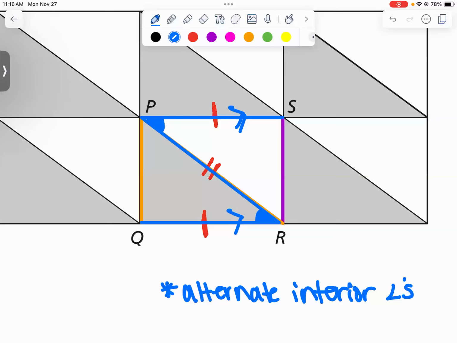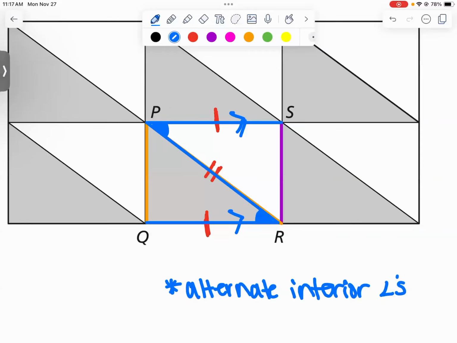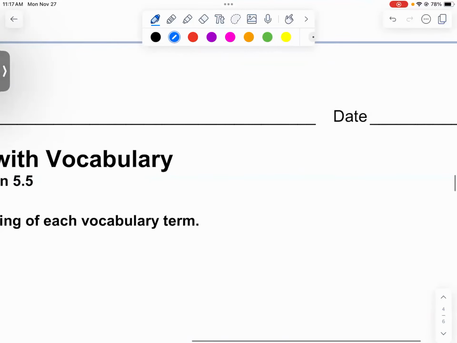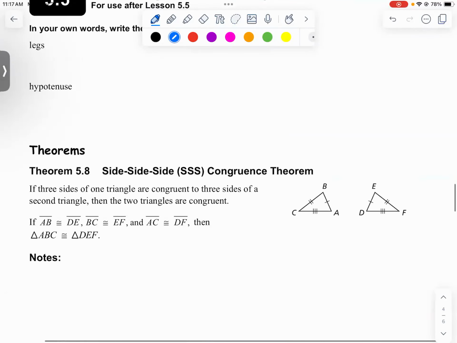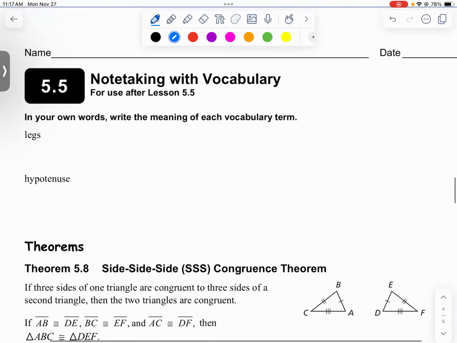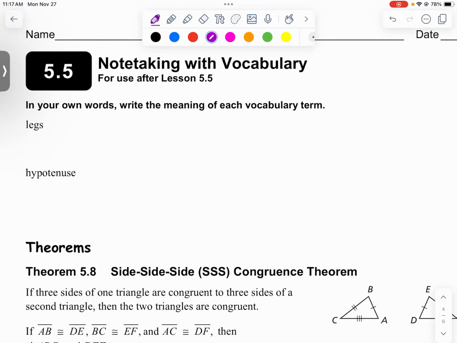Here we go. Go ahead and go to page 145. I just want to remind you that if we have a right triangle, which one is the hypotenuse?